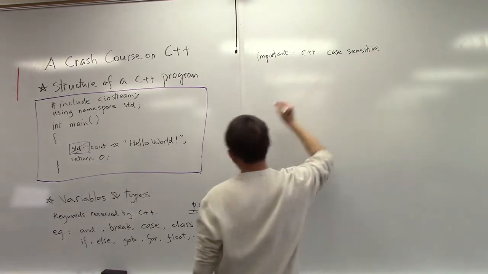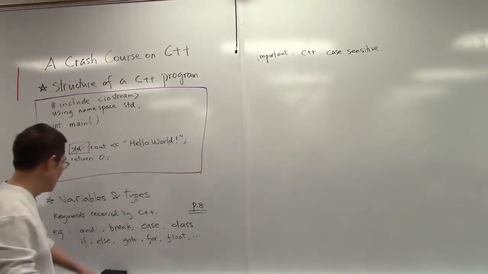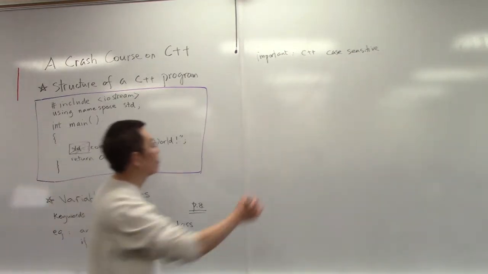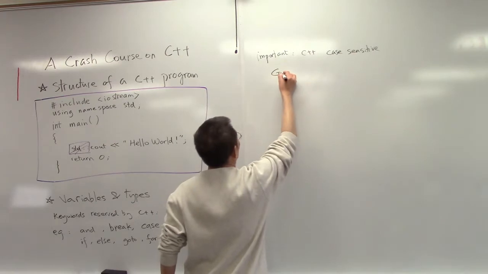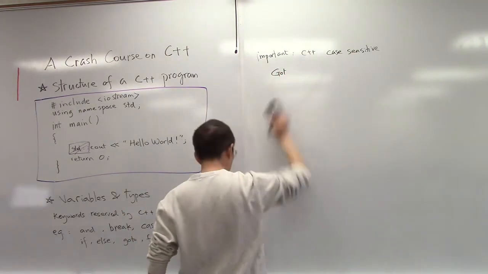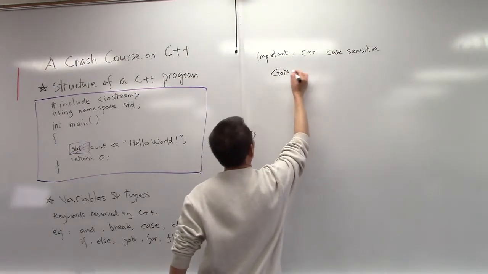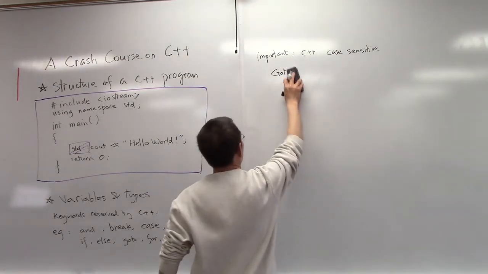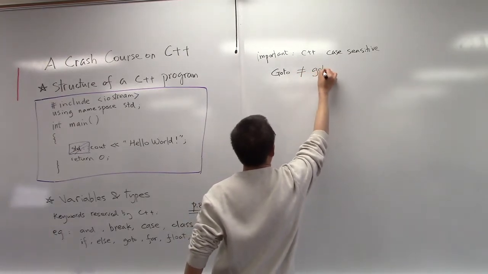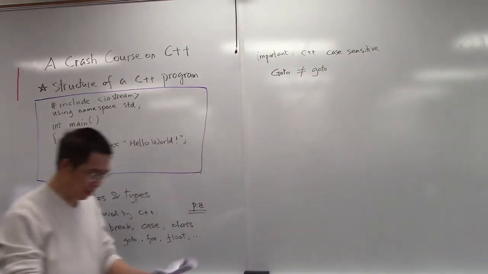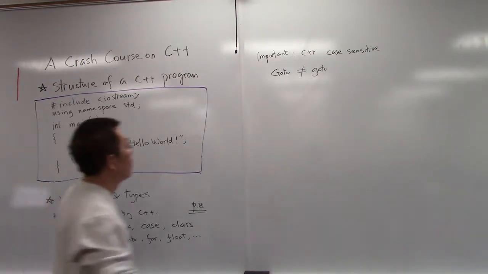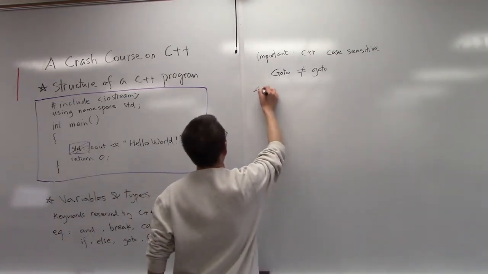Which means, even though goto is a reserved keyword, if you write uppercase GOTO, that is not a reserved keyword. You can use that as a variable if you want. So this is not equal to goto. And that's a very important thing to remember. All right, next.